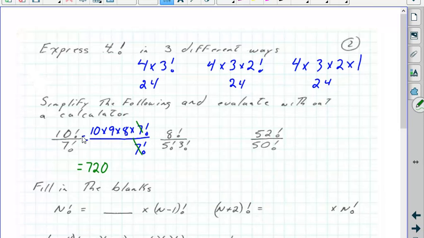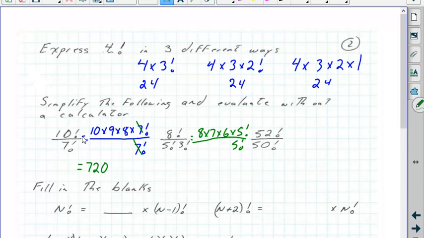So for 8 factorial over 5 factorial, once again I'm going to look at which is the bigger number. The numerator in this case is the bigger number: 8 times 7 times 6 times 5 factorial. I'm going to stop right there.